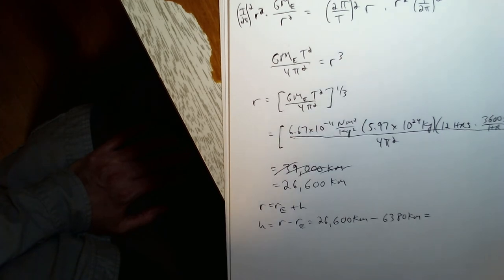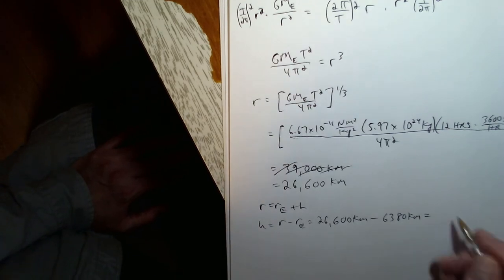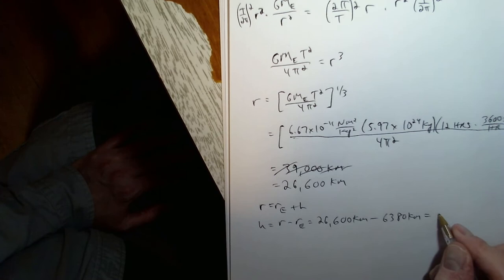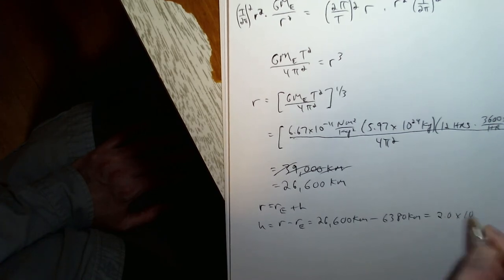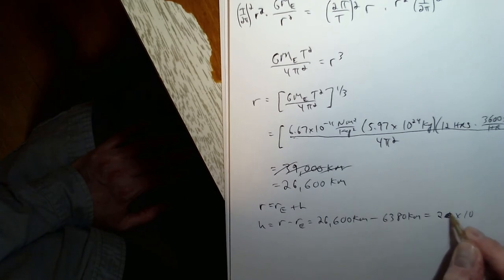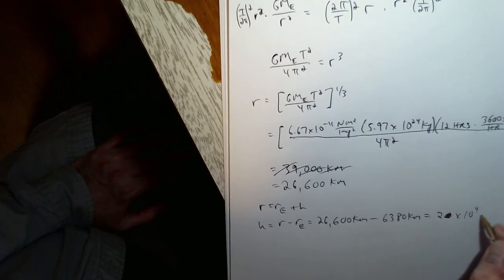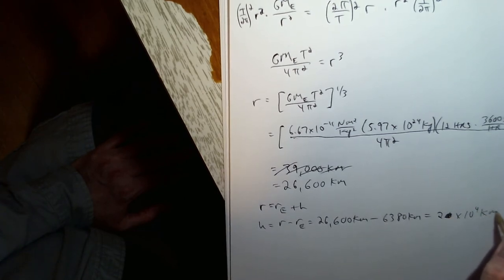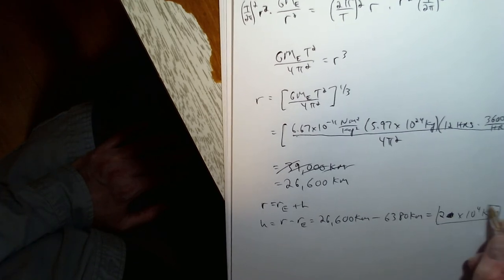The answer I gave in lecture 10, part 1, was 20,200 kilometers, but I'll round it to 1 sig fig: 2 times 10 to the 4th kilometers, or 20,000 kilometers.